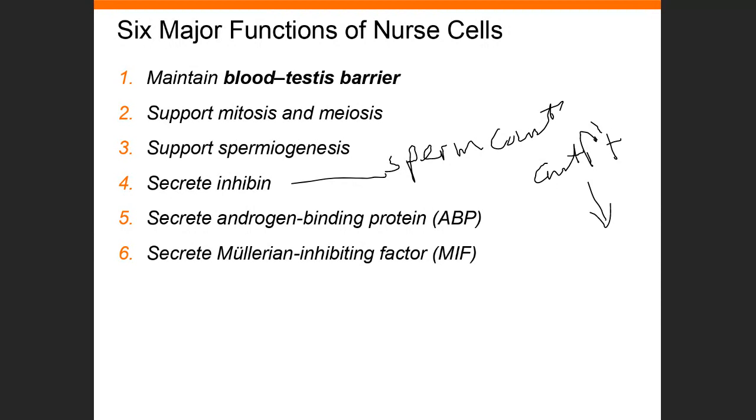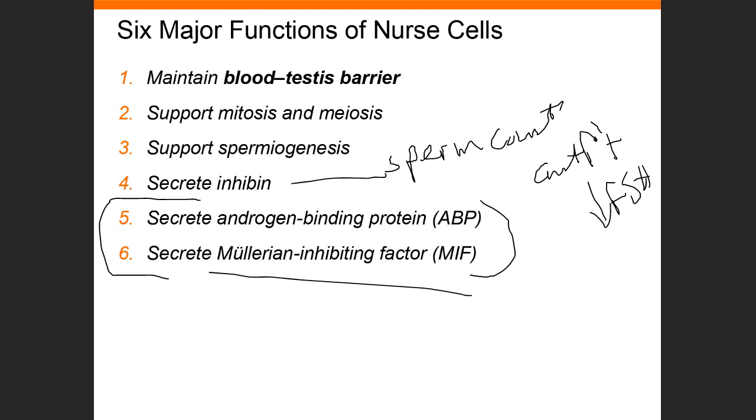The goal is to decrease FSH through negative feedback so I don't overproduce and overstimulate sperm production and make my ejaculate sludge that can't swim. In development, Sertoli cells also help create the factors that lead to a male phenotype, not female. And remember androgen binding protein: this is so testosterone, which is a steroid, can travel in the bloodstream bound to a protein that helps it be water soluble.